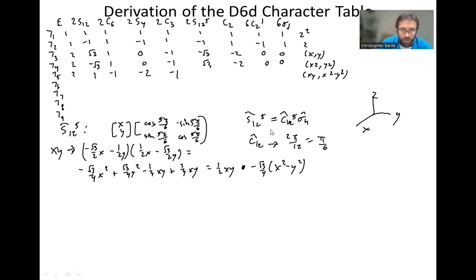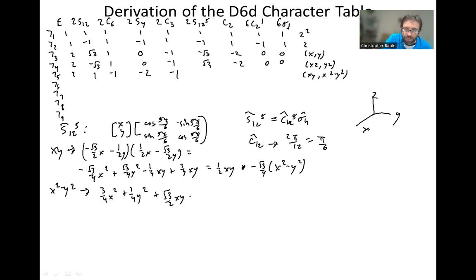All right, so that's half of this math that we have to do. The other half is figuring out how x squared minus y squared transforms. So we take this x component value, this x quantity, and square it. That gives us 3/4 x squared plus 1/4 y squared, and then the cross components are going to be plus root 3 over 2 xy.